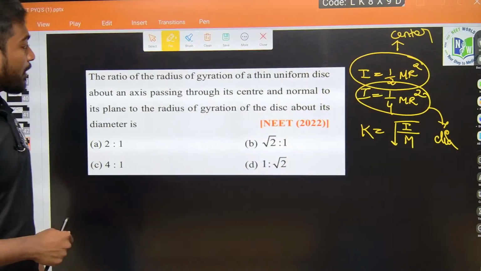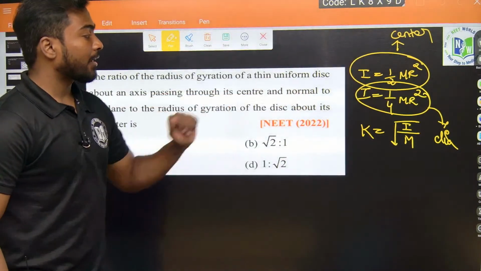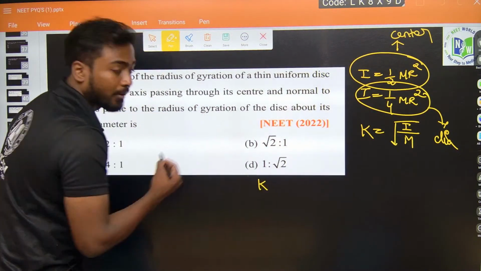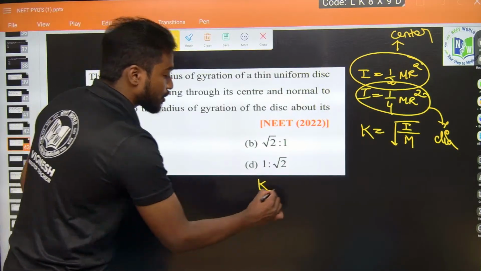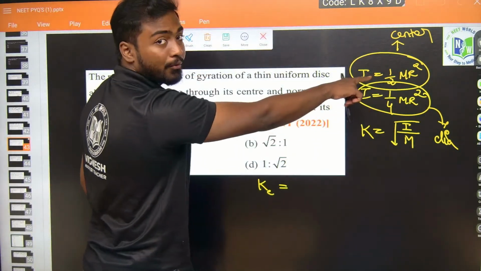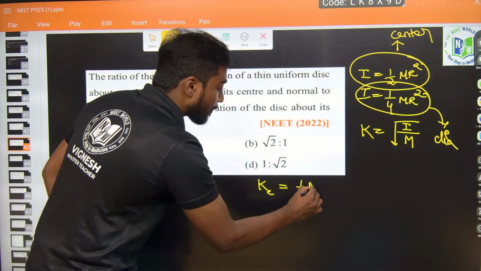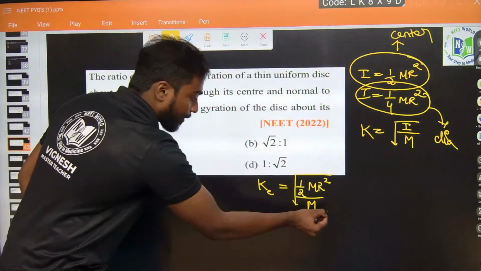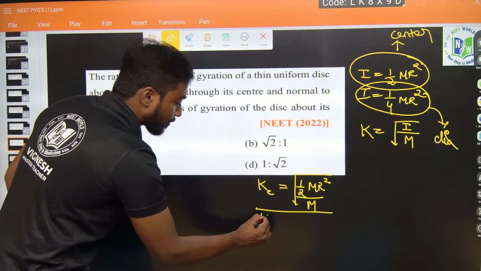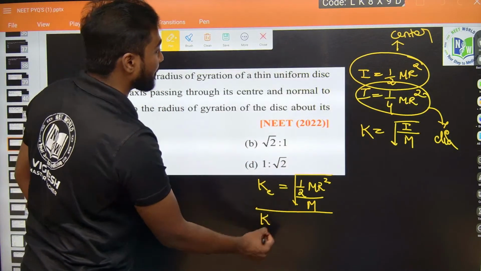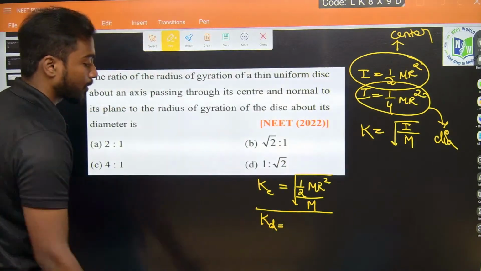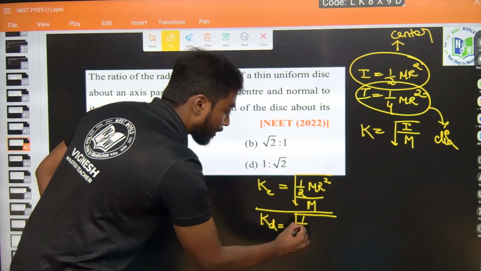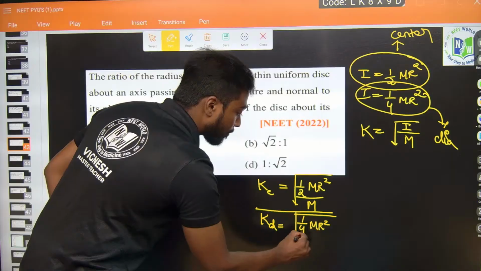Now, if I take the center and normal to the plane, the radius of gyration for center should be equals to under root of 1 by 2 mr square by m, divided by the radius of gyration for diameter, which is equals to under root of 1 by 4 mr square by m.